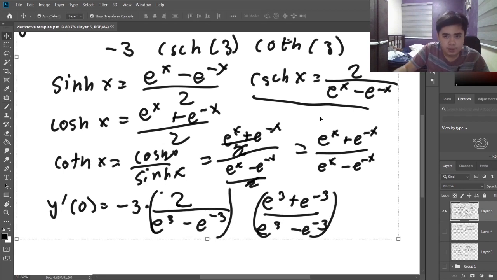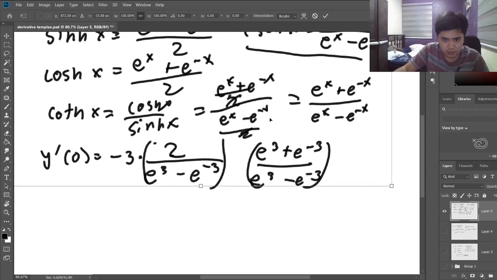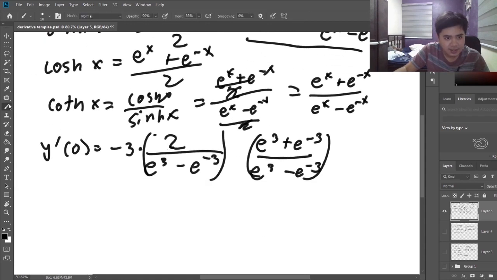So that is something indeed. But let's try simplifying it even further. We can multiply both the numerator and denominator by e^3, as well here. You'll see why later.